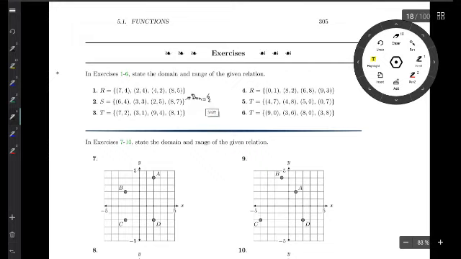So 2, 3, 6, 8. And here, this is the range. 4, 3, 5, 7. So 3, 4, 5, 7.